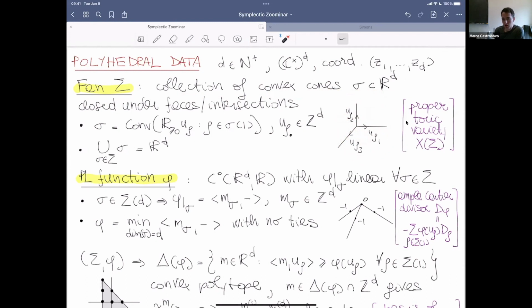What makes it a fan is the fact that this collection is closed under taking faces of cones or taking intersections of cones. For example, if I take this 2-dimensional cone, this quadrant, its faces are these 2 rays, and they're also cones, 2 of the 7 cones in my collection.